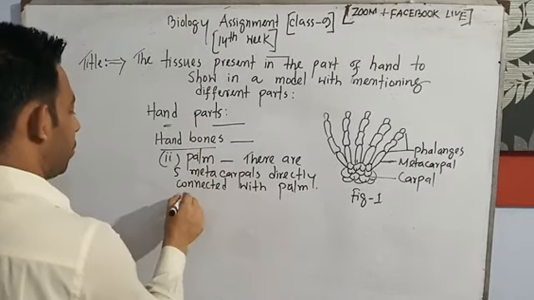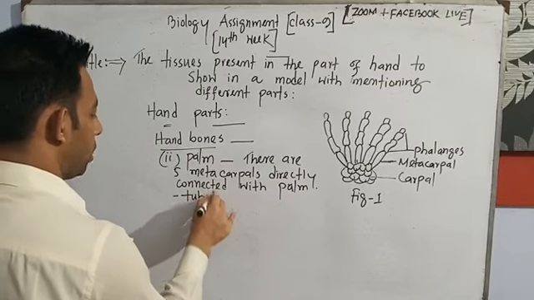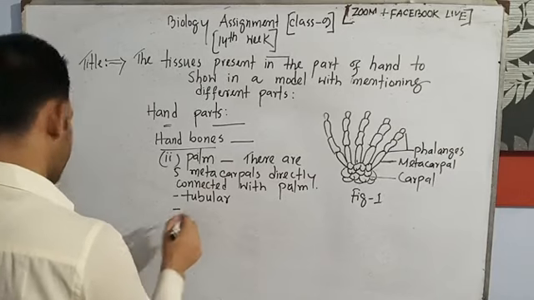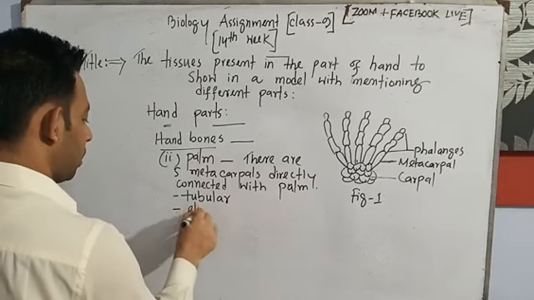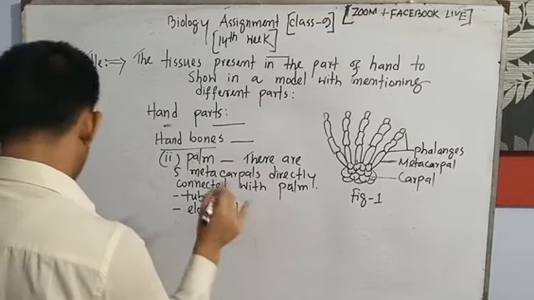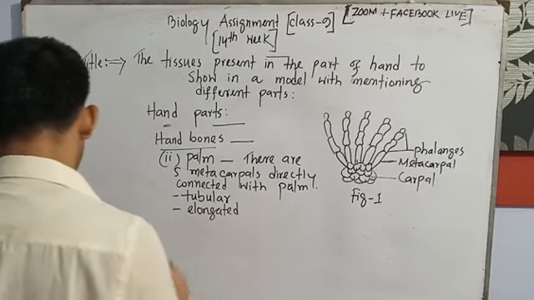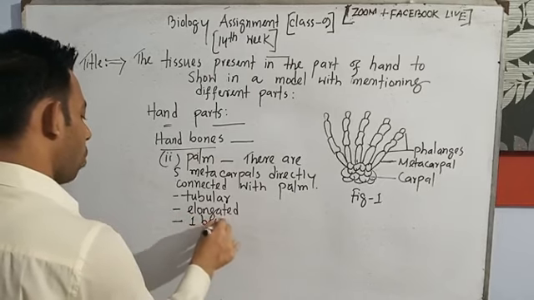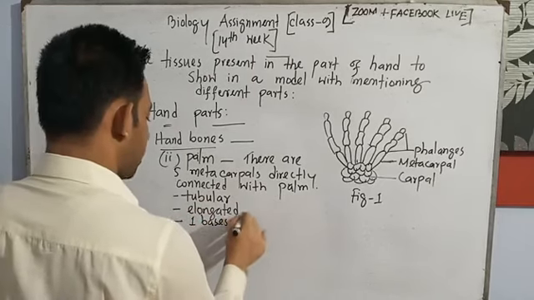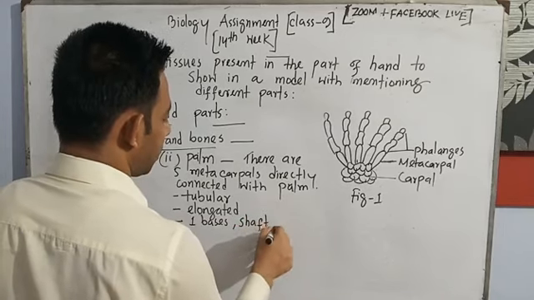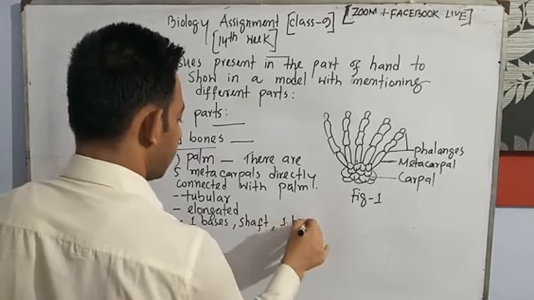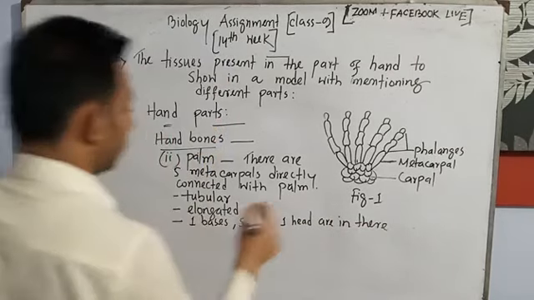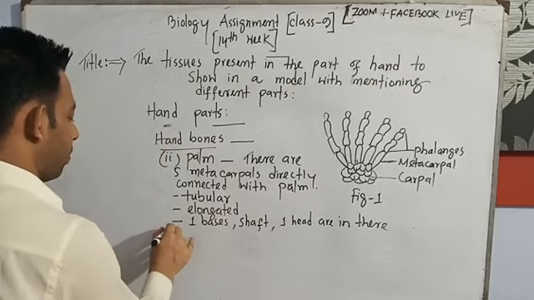These are the features: tubular, elongated. One base, shaft and one head are there. The second one is very simple and small.